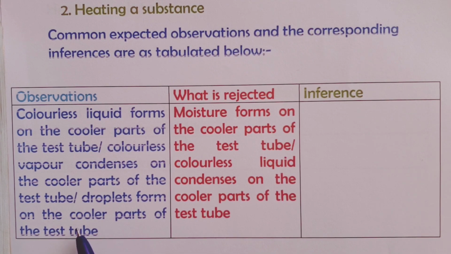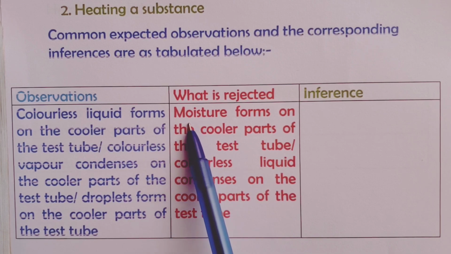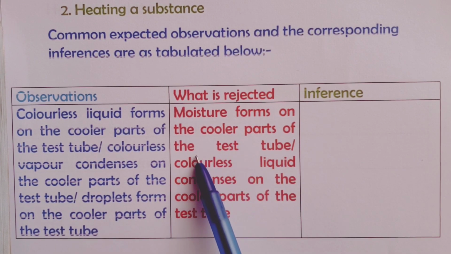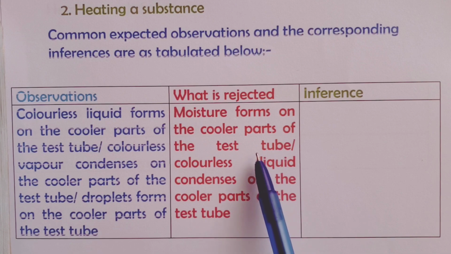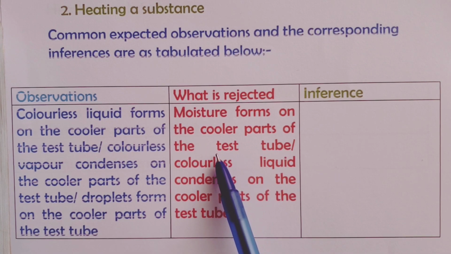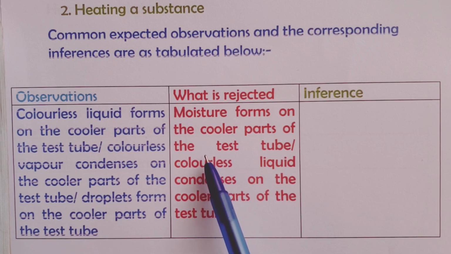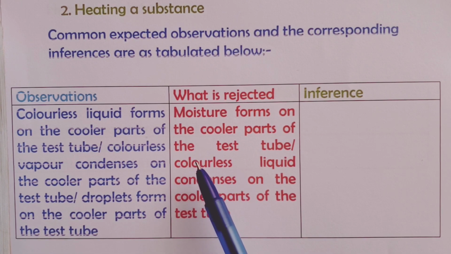Now, we have a very common observation made by students, but I want to inform our candidates that when we talk about moisture forming on the cooler parts of the test tube, this is not an acceptable observation because we cannot be sure that whatever is forming on the cooler parts of the test tube is moisture.